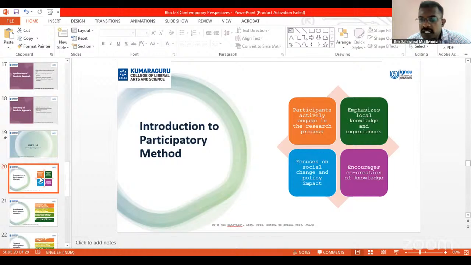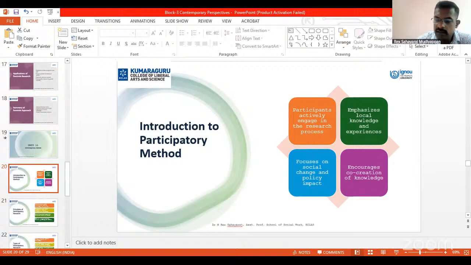It emphasizes local knowledge and experiences, focuses on social change and policy impact, and encourages co-creation of knowledge. That means when you say participatory method, your research sample is participating in your research.